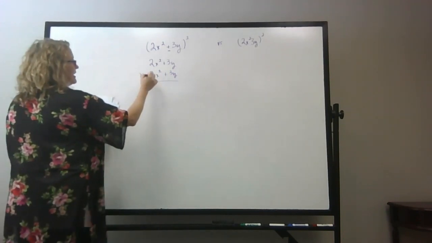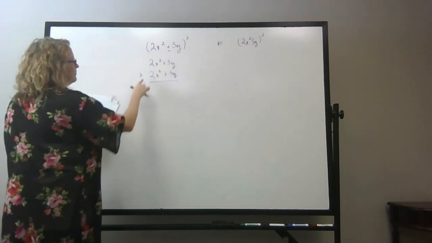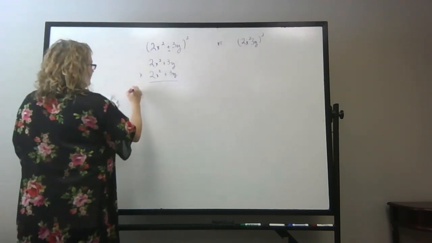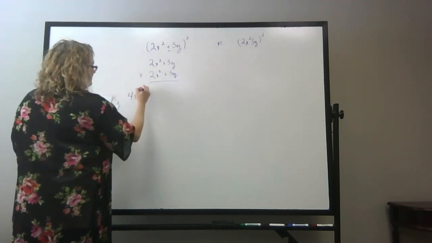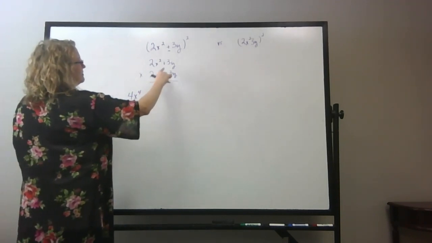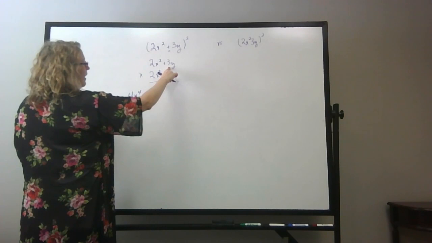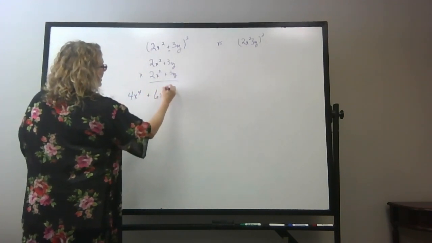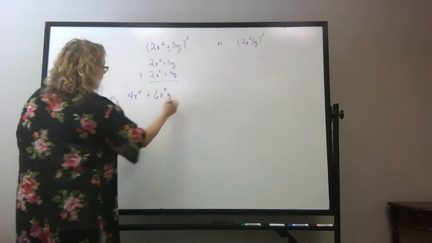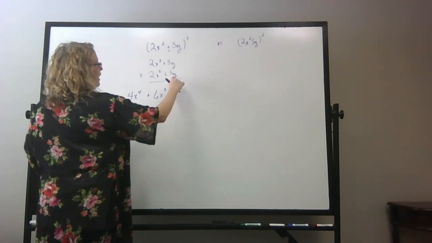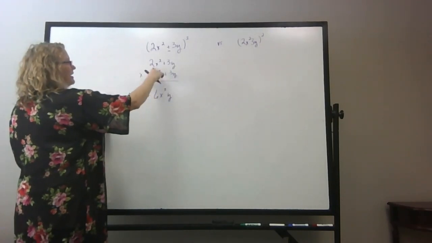I'm going to take that 2x squared, multiply it by this 2x squared, and I'm going to get 4x to the fourth. I'm going to take this 2x squared, multiply it by the 3y, and get 6x squared y.